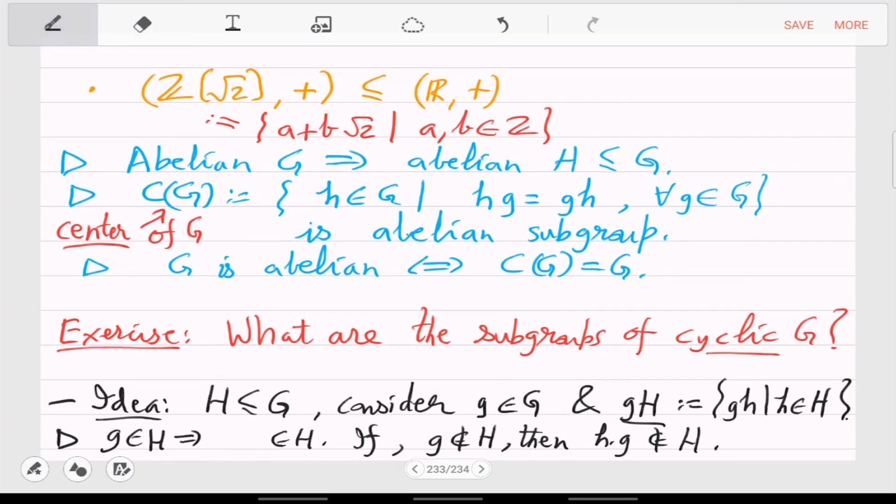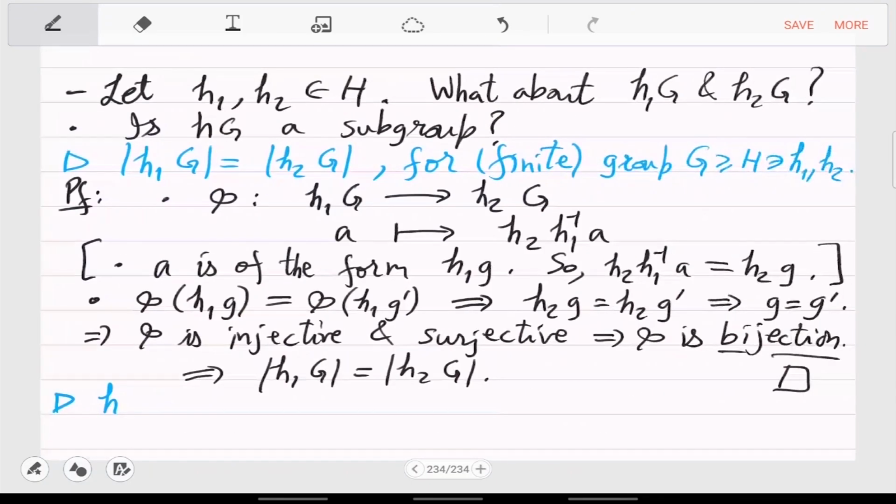I hope this will not change any of the truths. So if G is in H, then yeah, G times H will be in the subgroup. If G is not in H, then it will not be in the subgroup. So I'm just using a different labeling. If G1, G2 are two different elements in the group, what about G1H and G2H?